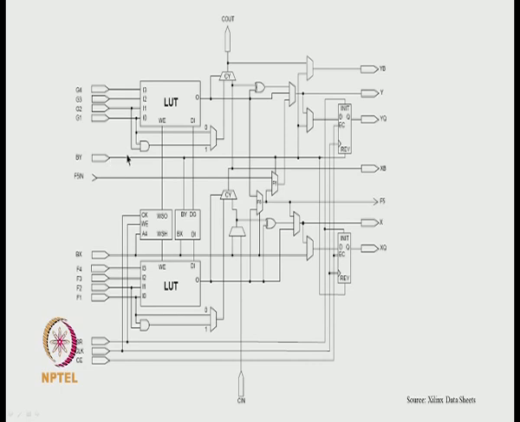If you don't register the output using a flip flop, this flip flop cannot be used because this path is used for the 6 input lookup table. Same is the case with the 5 input lookup table and this flip flop. And we have seen that the flip flop has a data input, the Q output, set and reset.